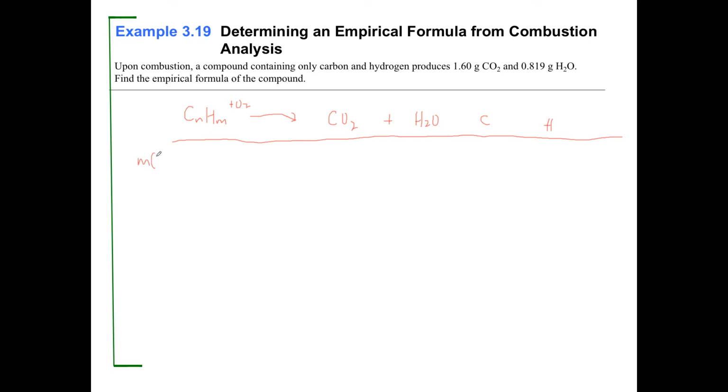Okay, so the mass in grams, the formula weight in grams per mole, and moles, right? That's what I'm calculating. Carbon dioxide is 1.60. Water is 0.819. I just calculated this on a previous page. The formula weights are 44.01 and 18.016.